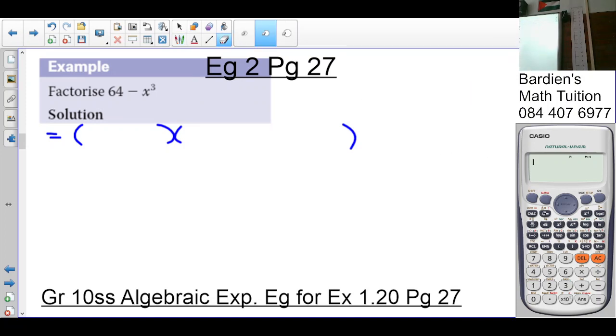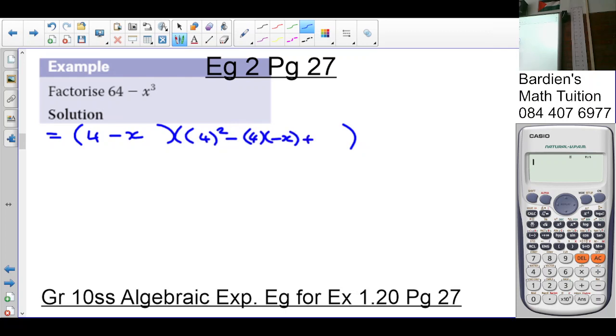So yes, it is the difference of cubes then. So that would give you 4 minus x. So you take the first term and you square it, minus the first term times the second term, plus the last term squared. Okay. So it's going to be 4 minus x, the first term squared, which is 16, plus 4x plus x squared.